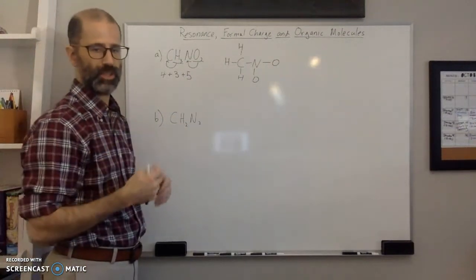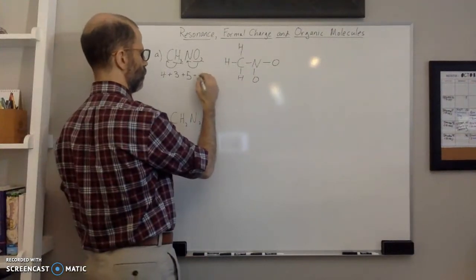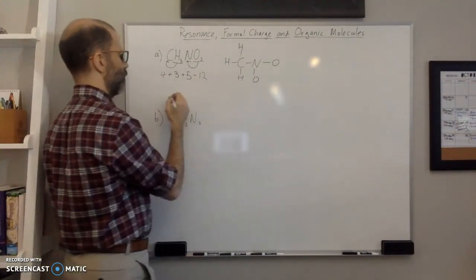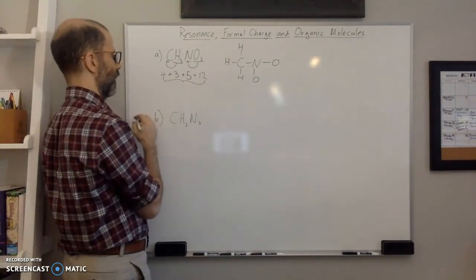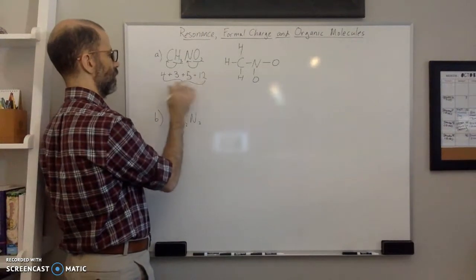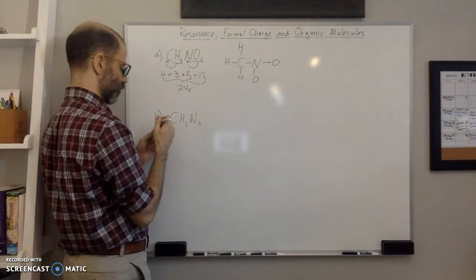We have 2 oxygens, so that's 12 from the oxygens. We add that together and we get 24 electrons total.